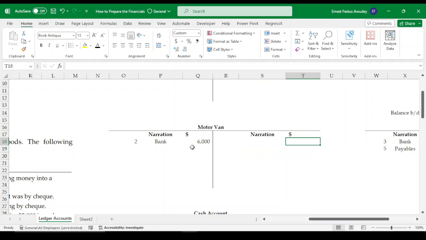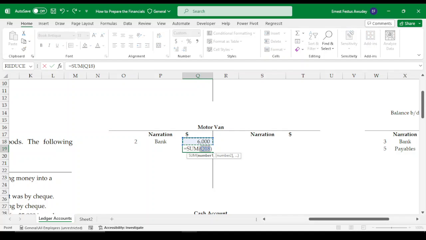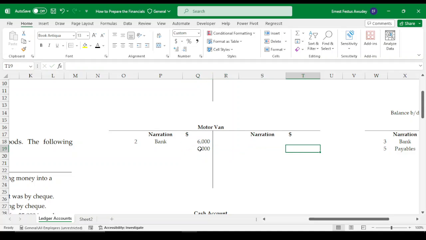All right, so this is 0. Therefore, the total is what? 6,000, which I can actually use alt equals and sum that, and then I can come here and reference the 6,000 here, and that's going to be the total for both sides.